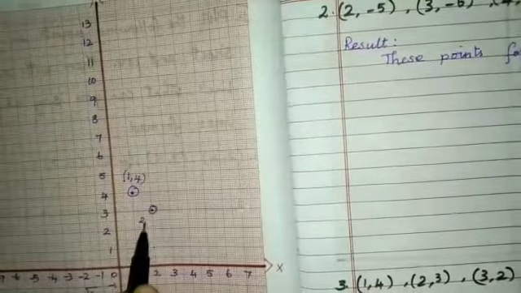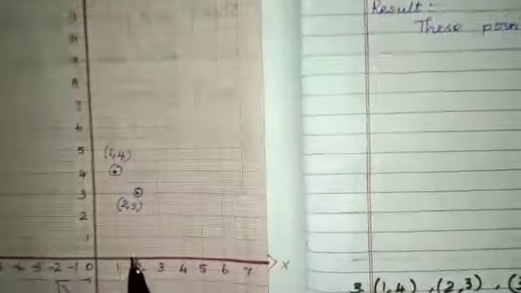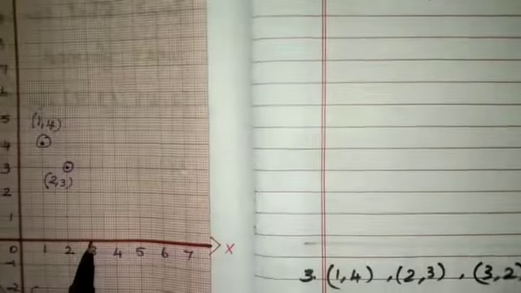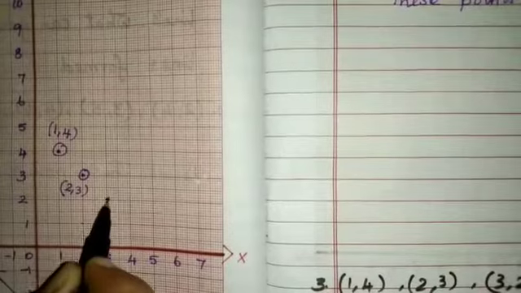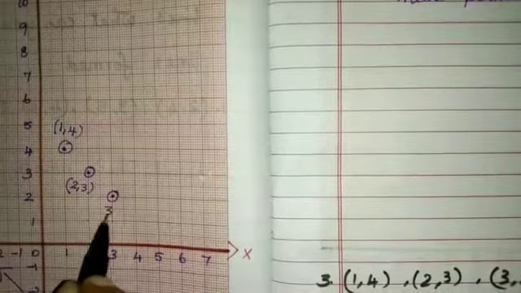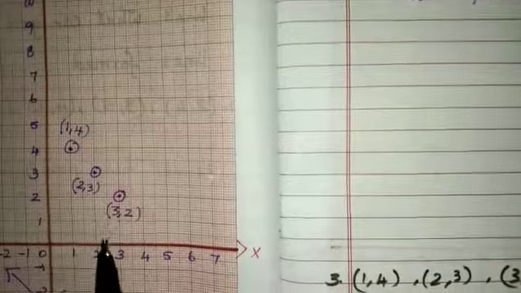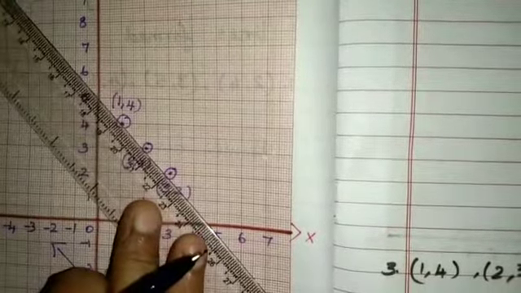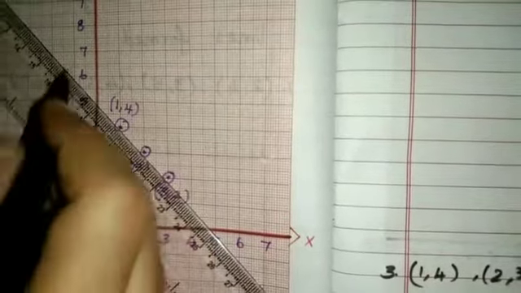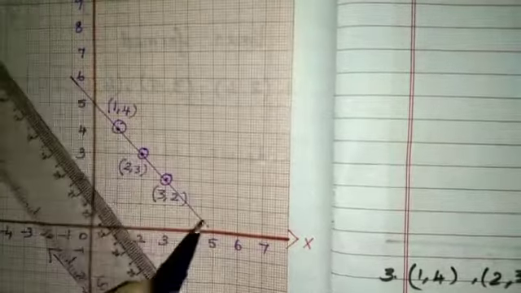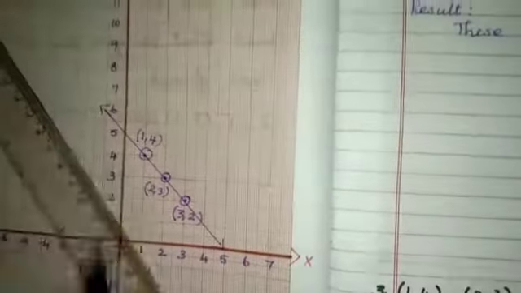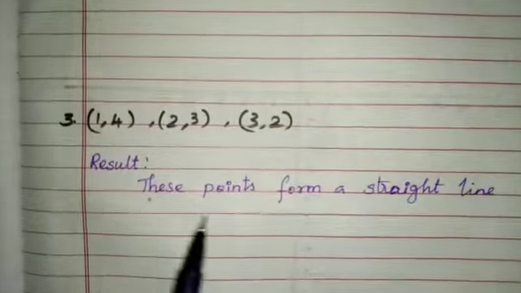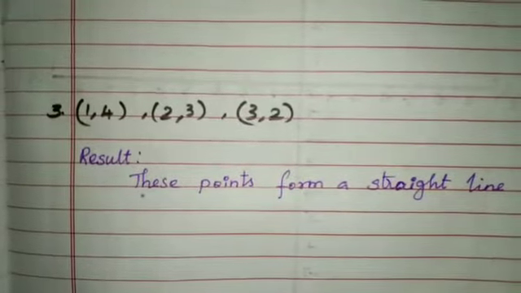This is (2, 3). Next one is (3, 2). 3 is on the x-axis, 1, 2. So this is (3, 2). Now join these points. These points form a straight line. Result: these points form a straight line.